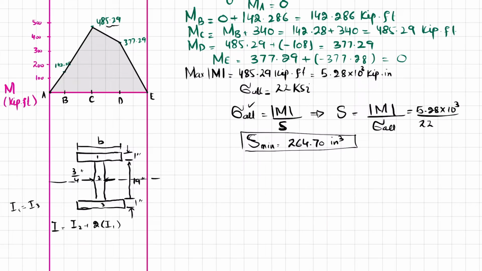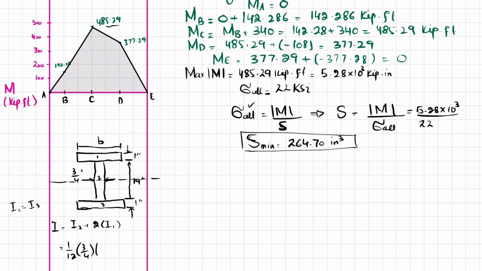I2 is for the web plate, so it will be equal to BH cubed over 12, where B is 3/4 and H is 19.